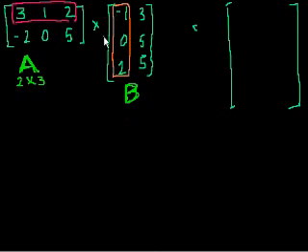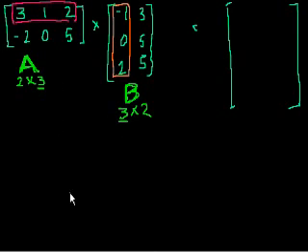Well, it has 3 rows, 1, 2, 3. So it's a 3 by, and how many columns does it have? 1, 2. A 3 by 2 matrix. So it turns out that we can multiply two matrices if the number of columns in the first matrix is equal to the number of rows in the second matrix. So here, 2 by 3 times 3 by 2, we can multiply them.